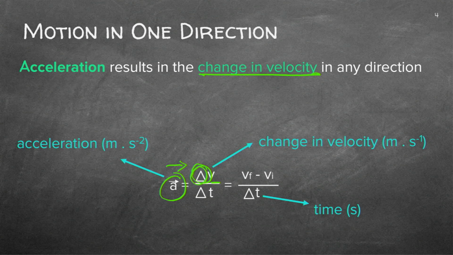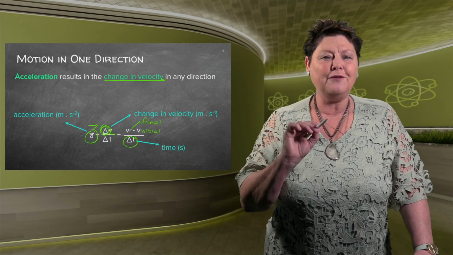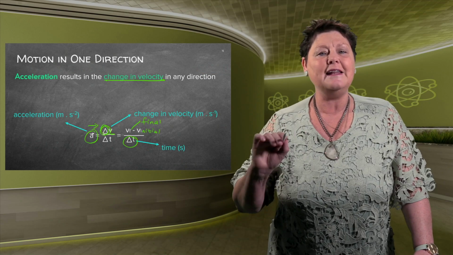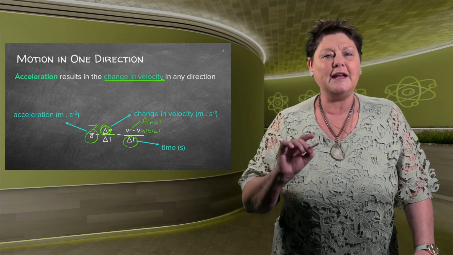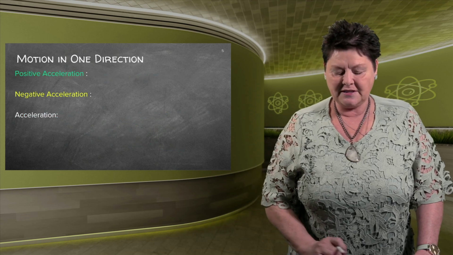Of the velocity. And if it changes, we will indicate two little subscripts. This will mean initial, where it started, and the F will be final. So it's a change from the beginning to the end velocity in a specific time.